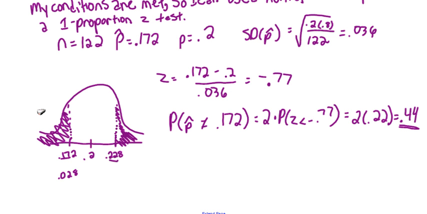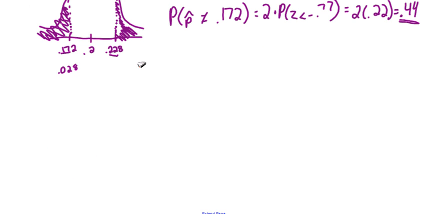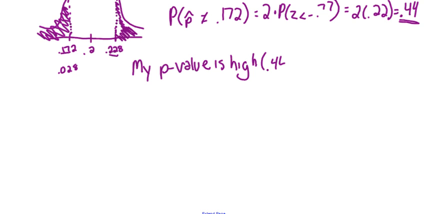So I need to write a conclusion. I would say my p-value is high, and I always include what the p-value is, so 0.44. We don't accept the null hypothesis ever, because in stats we never accept anything. We never say anything for certain.